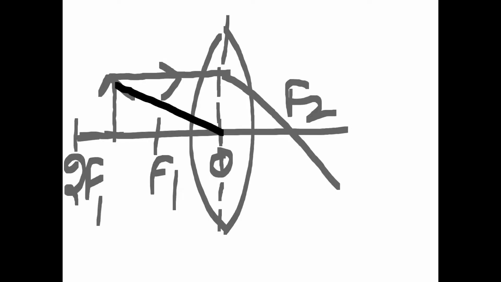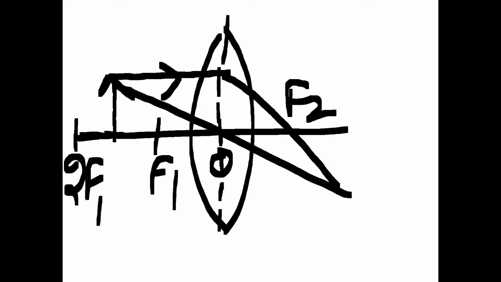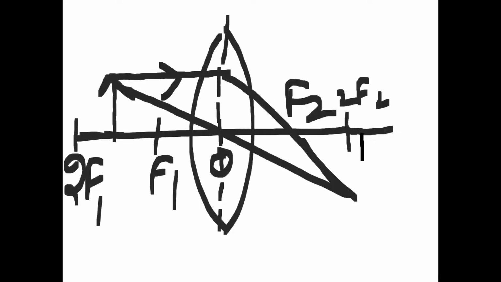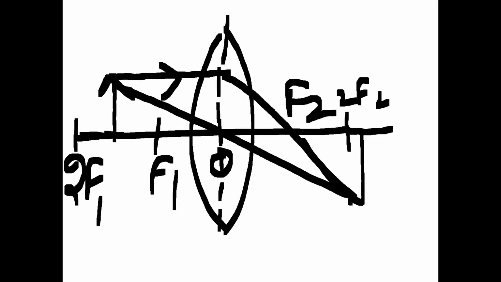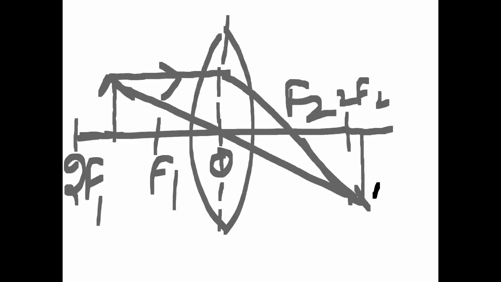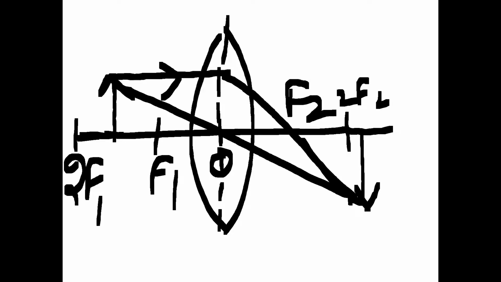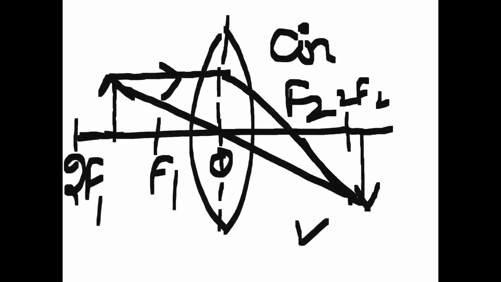Then it will pass through the center of curvature, right? And if it is 2f2, then it will be formed beyond 2f2. This is the image, once again real and inverted. It is used in cinema projector. This kind of image will be formed in cinema projector. This is once again important.